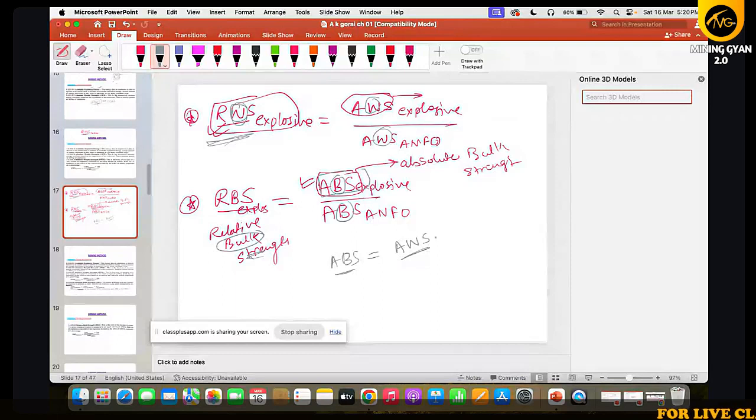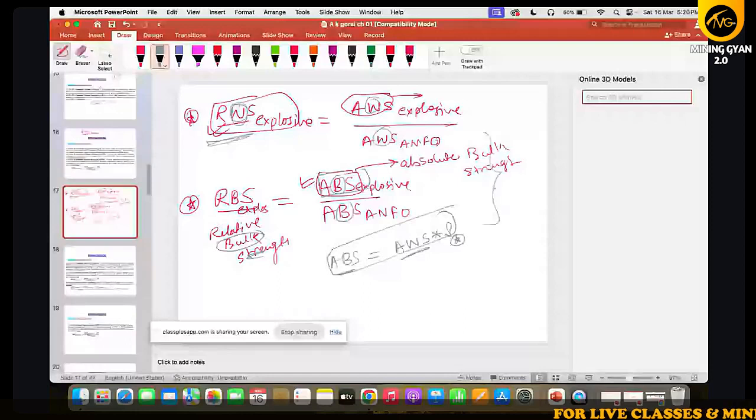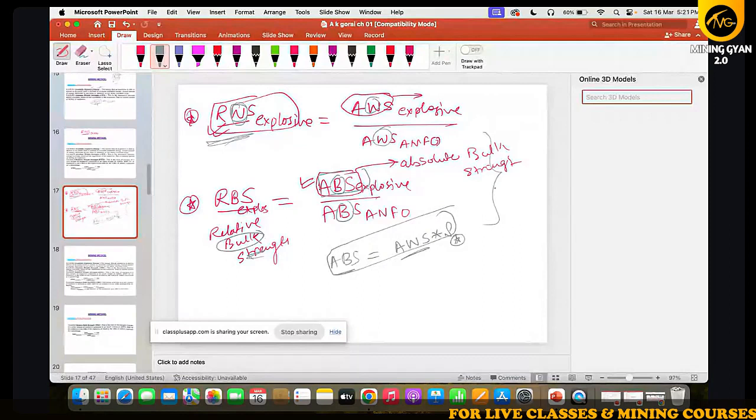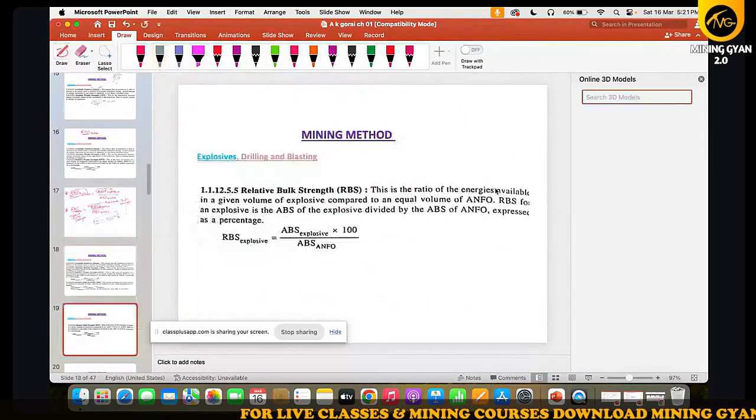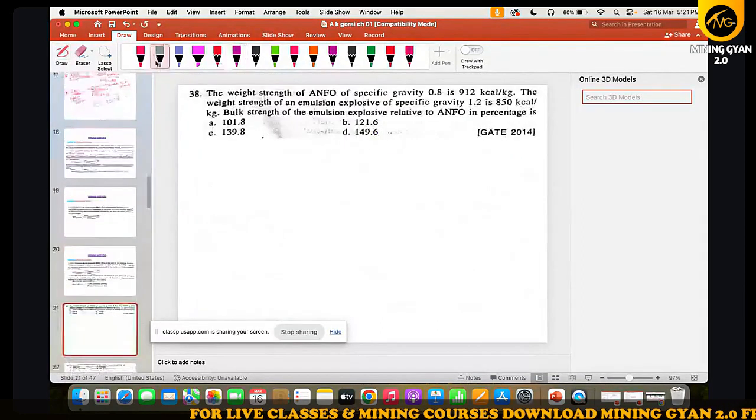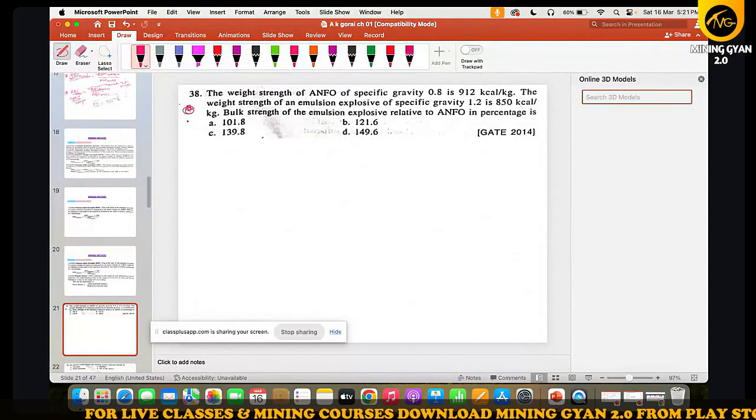You should remember these three things to solve this type of question. एब्सोल्यूट वेट स्ट्रेंथ, एब्सोल्यूट बल्क स्ट्रेंथ, रिलेटिव बल्क स्ट्रेंथ. ठीक है. तो ये रहा क्वेश्चन, सोल्व दिस. फॉर्मूला लगाना है, फॉर्मूला लगा के आंसर आ रहा है.